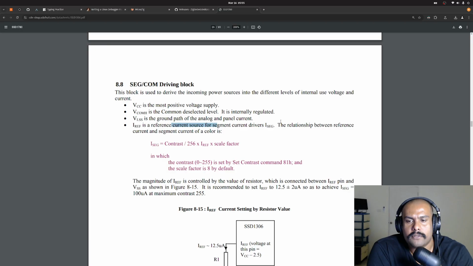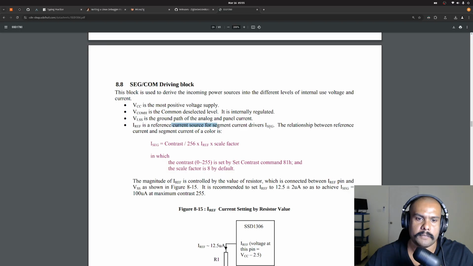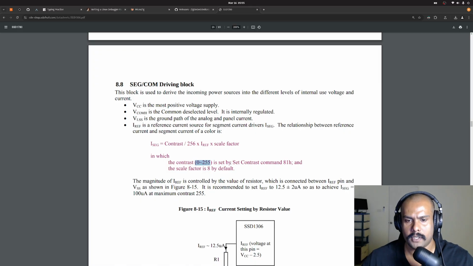And the relation between reference current and segment current of a color is contrast divided by 256 times IRF times scale factor. Okay, the contrast is 0 to 255 set by set contrast command 81H, and the scale factor is 8 by default.